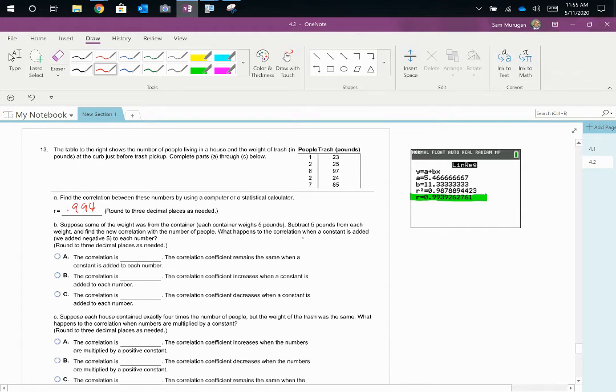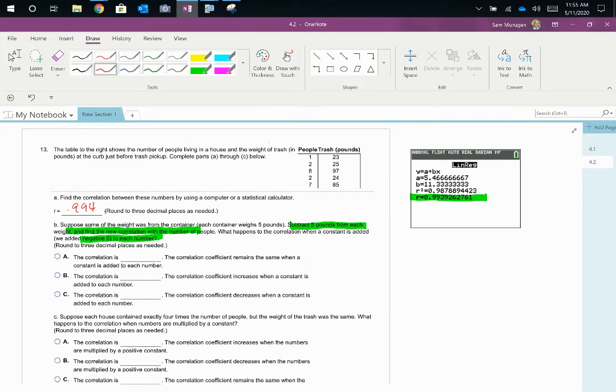So we know already that adding or subtracting a constant does not affect the correlation coefficient, even if we added -5 to each number. So that correlation coefficient would pretty much still be the same.